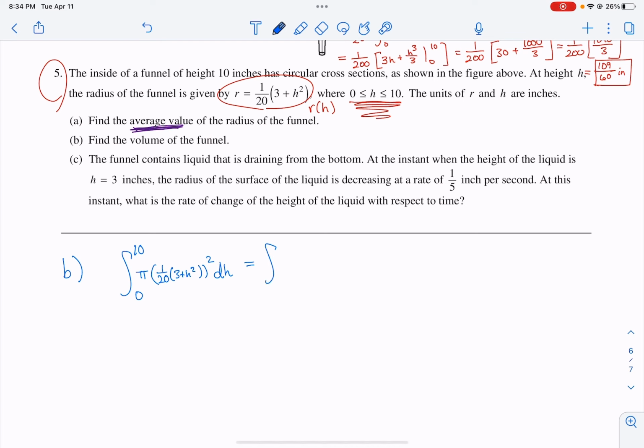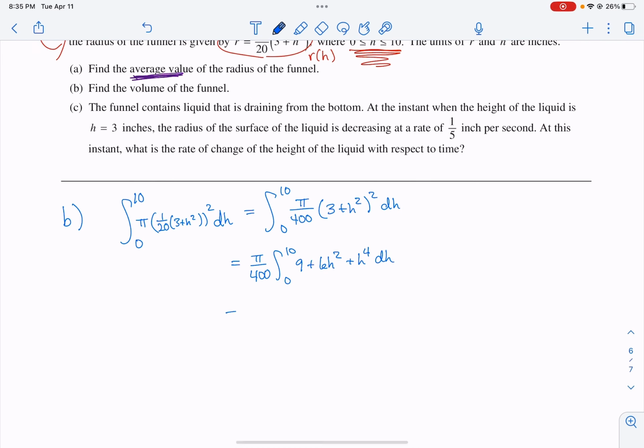So we get the integral from 0 to 10, pi over 400 times, well, you know what, I'll distribute that later. Let's go ahead and pull the constant out to the front and then distribute the parentheses there. So we get 9 plus 6h squared plus h to the fourth dh.